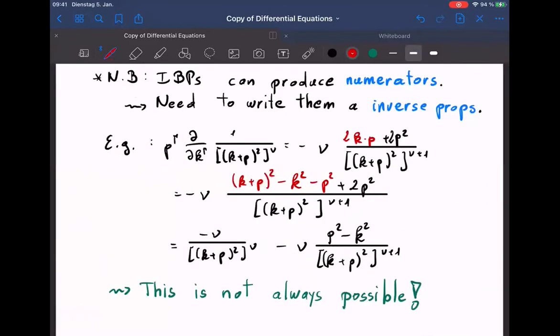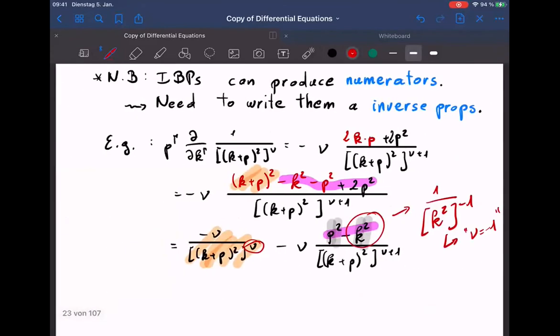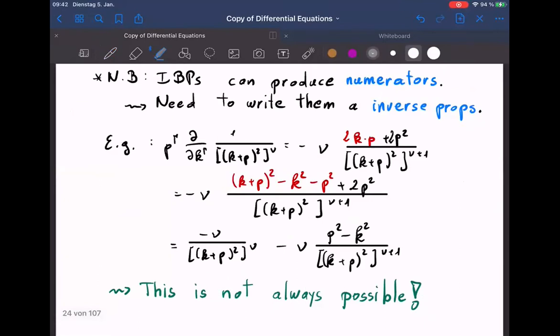Now, one caveat, you see it from the discussion here, the k squared was not originally there. So this propagator, 1 over k squared, was not in my original expression. So the fact that I can write all numerator terms back in terms of propagators, possibly propagators raised to negative powers, is not always possible by construction.